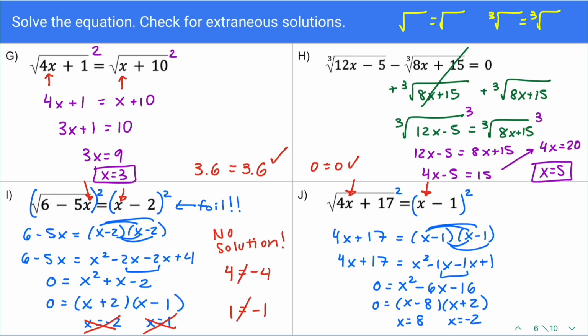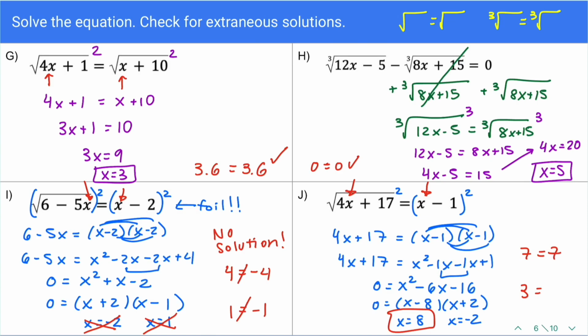So if I plug in 8, I'm going to have the square root of 4 times 8 plus 17. I get 7 equals, and then I have 8 minus 1, so 7. Cool, that answer works. The next one I can plug in negative 2, so square root of 4 times negative 2 plus 17. 3 equals, go through again.